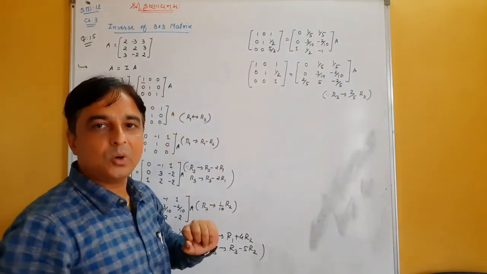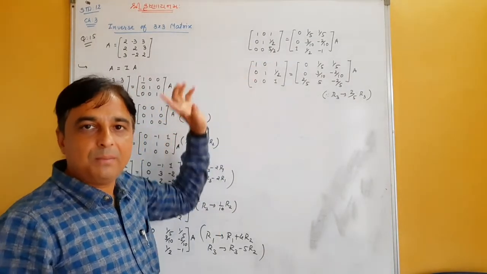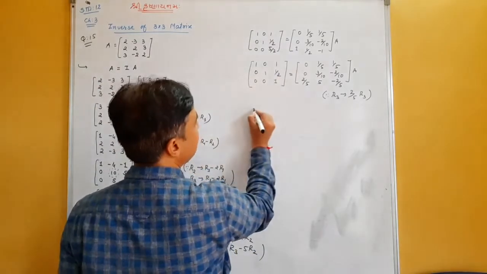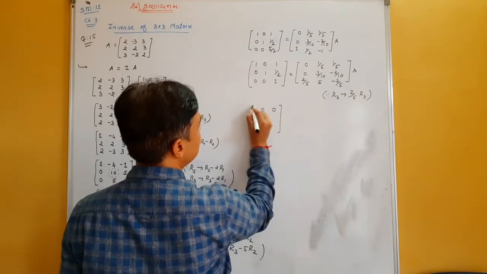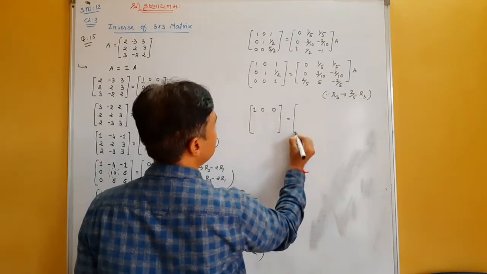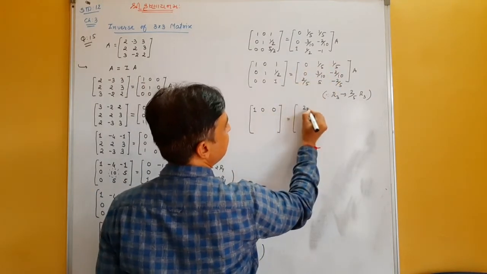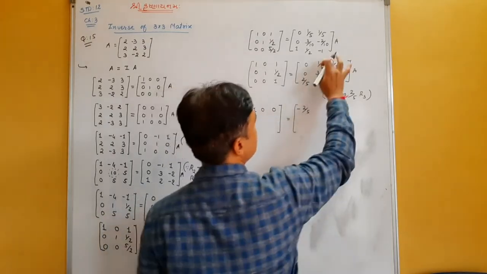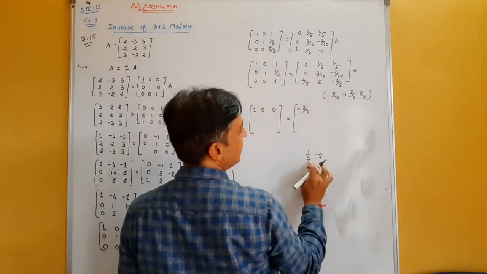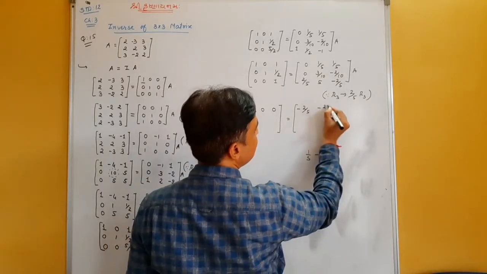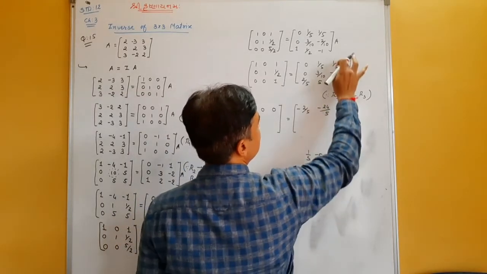Subtract the third row from the first. It is 0. So 1 0 0. Subtract the third row from the first: 1 by 5 minus 5, minus 24 by 5.